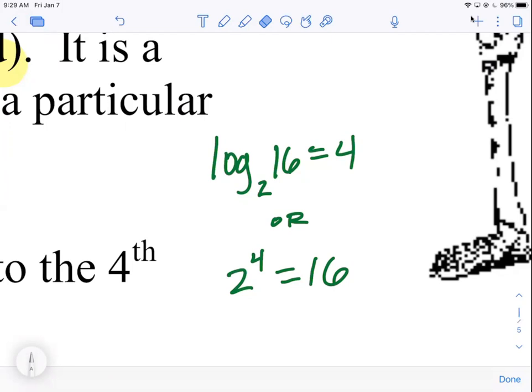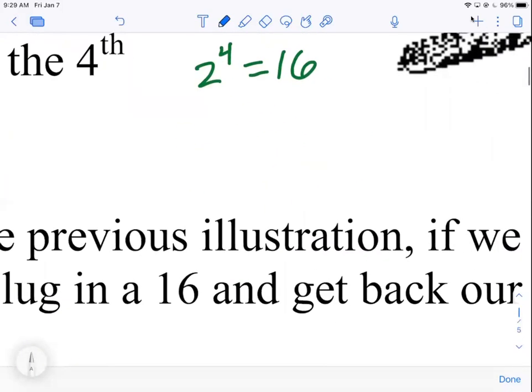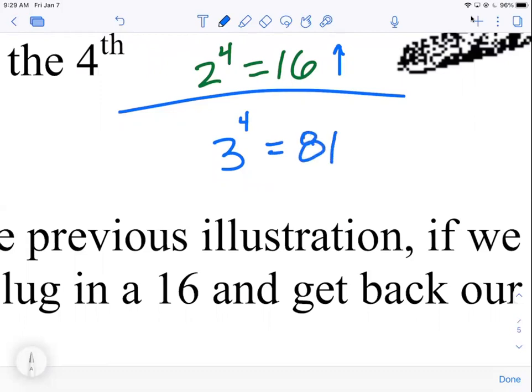Because your little slide away the log and switch works when you're going from this to this, but how do you remember how to go from exponential to log? In other words, if I told you 3 to the 4th equals 81, write that as a log equivalent right below it. Go.